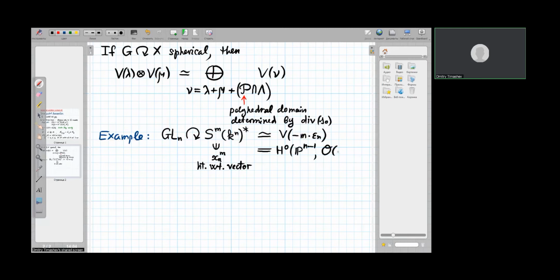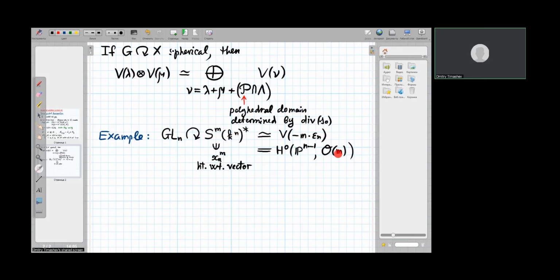The line bundle is usually denoted by O(m). The space of sections of this line bundle is exactly the space of homogeneous forms of degree m in the projective coordinates on this projective space. These projective coordinates are x1, ..., xn, and the homogeneous forms in these coordinates form this vector space, the m-th symmetric power of k to the n star.